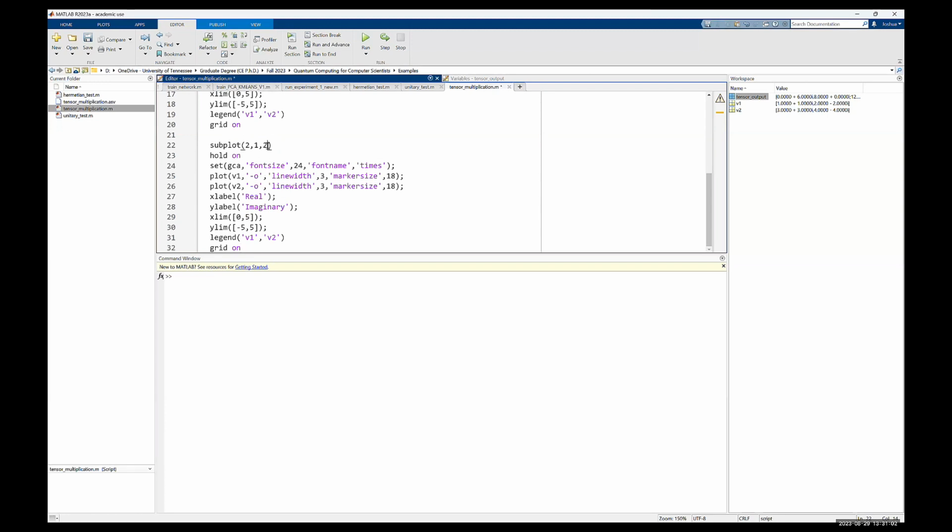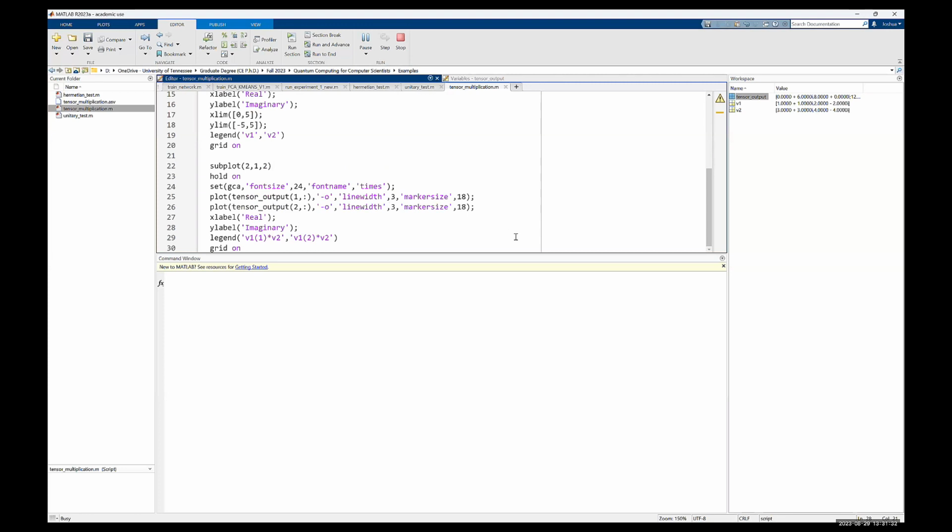See what's coming out of that? That's essentially what we're getting there.